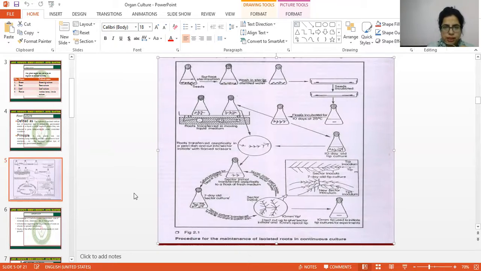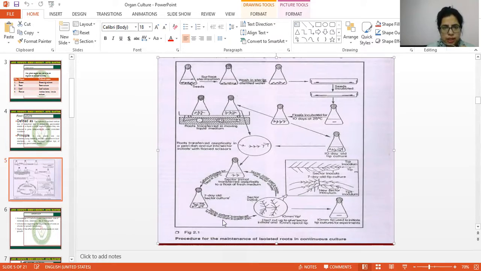You cut it like this, and these cut pieces are further transferred to a conical flask. These are also known as sector initials, which are transferred aseptically to a flask of fresh nutrient media. After adding, the culture is incubated for 7 days at 25 degrees temperature. This is a 7-day-old sector culture.